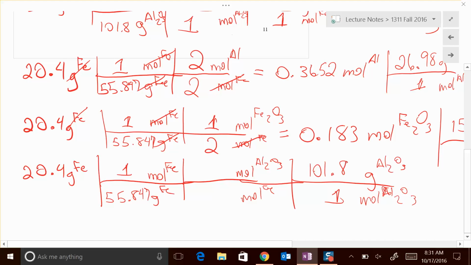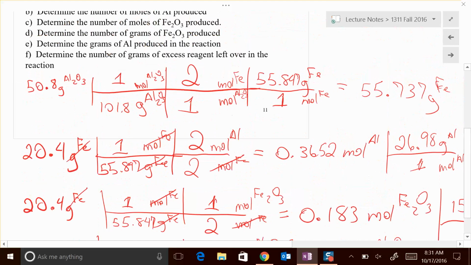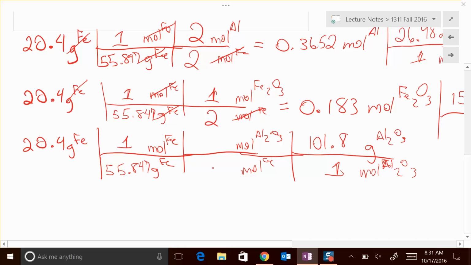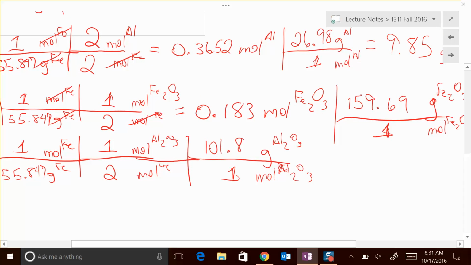The coefficients are 2 Fe's for every 1 Al2O3. 20.4 times 101.8 divided by 55.847 divided by 2. What do we come out with? 18.59.